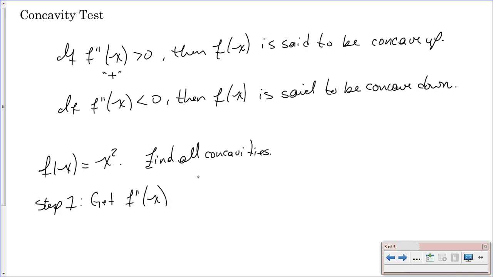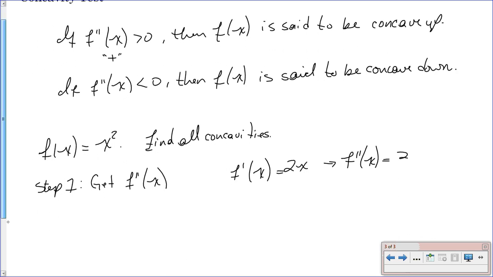So first, we need f prime of x squared, which is 2x. And then you take the derivative of that to get f double prime. Well, the derivative of 2x is 2.